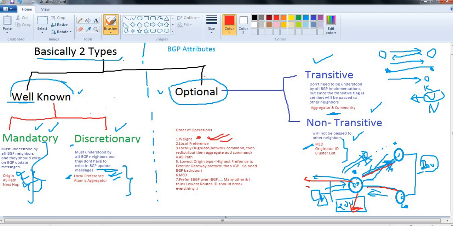I will create different videos for all these attributes, and we will understand each attribute in detail with Wireshark captures, and how to configure each of these attributes in real-time scenarios.